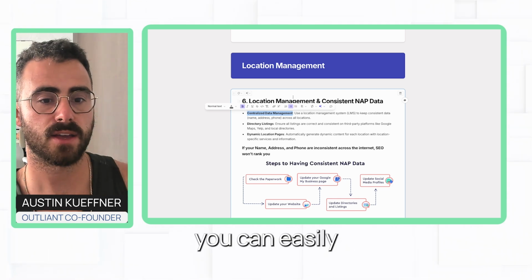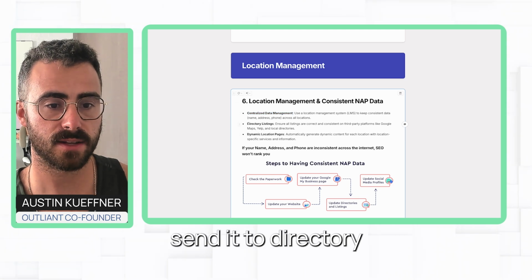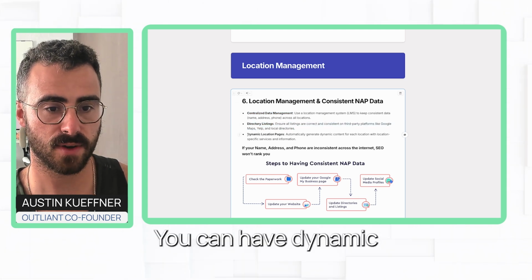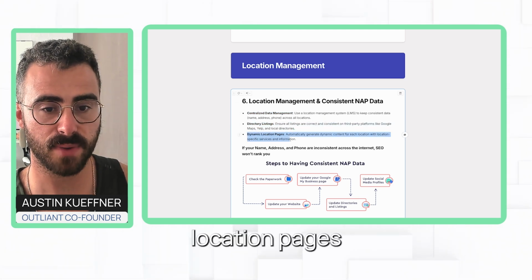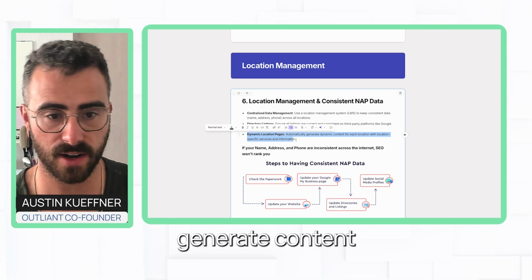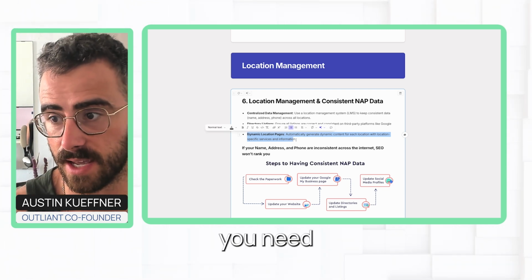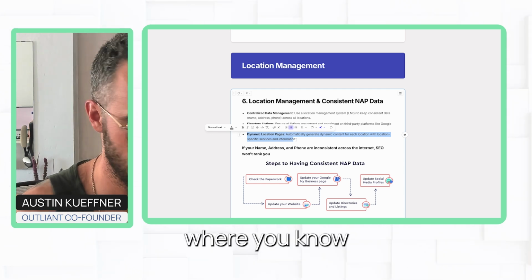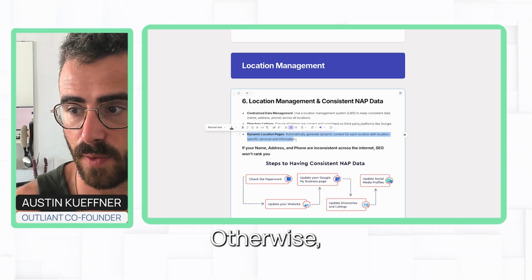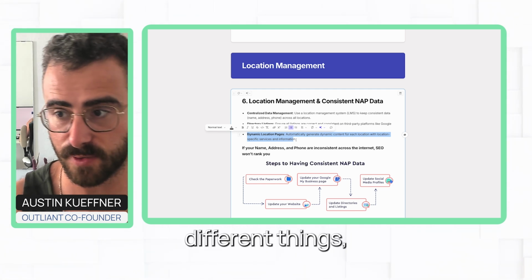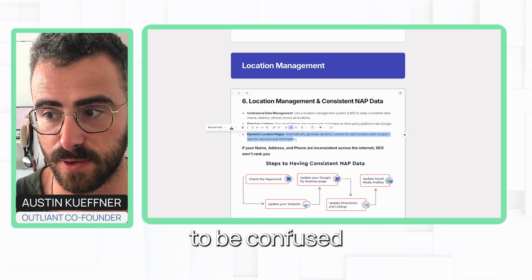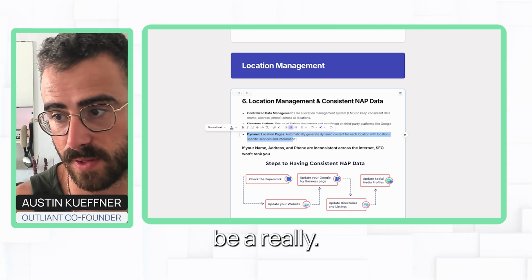So that way you can easily send it to directory listings. You can have dynamic location pages that will automatically generate content by looking at your database. But essentially you need a place where you know the data is correct. Otherwise, if everything starts saying different things, then you're going to be confused.